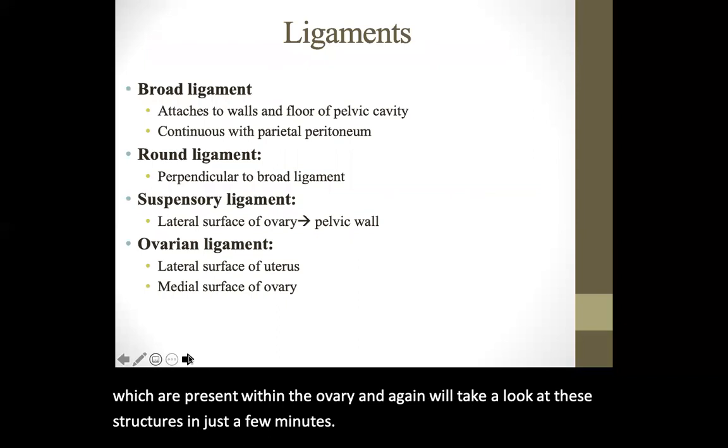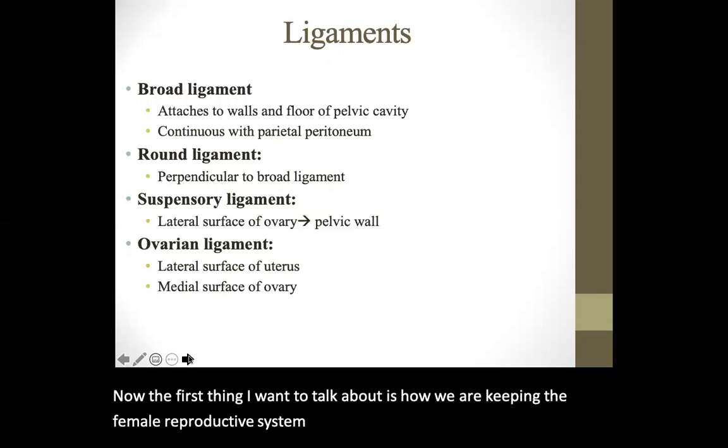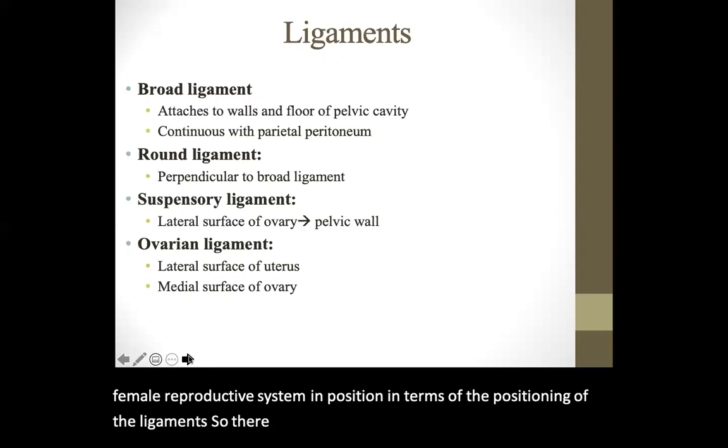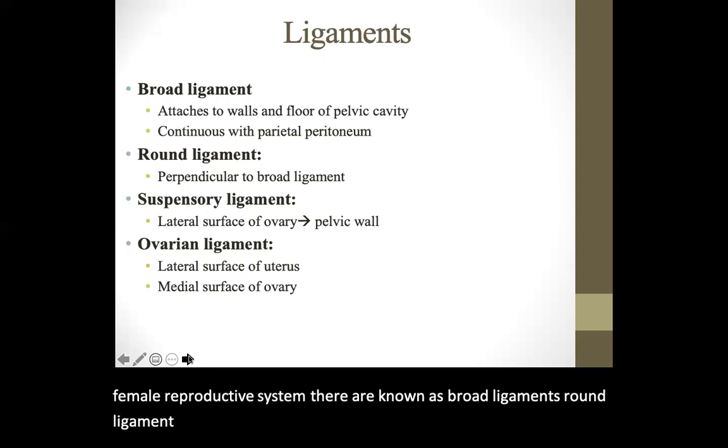Now, the first thing I want to talk about is how we are keeping the female reproductive system in position, in terms of the positioning of the ligaments. So there are a total of 4 ligaments present within the female reproductive system. They are known as broad ligament, round ligament, suspensory ligament, and ovarian ligament.